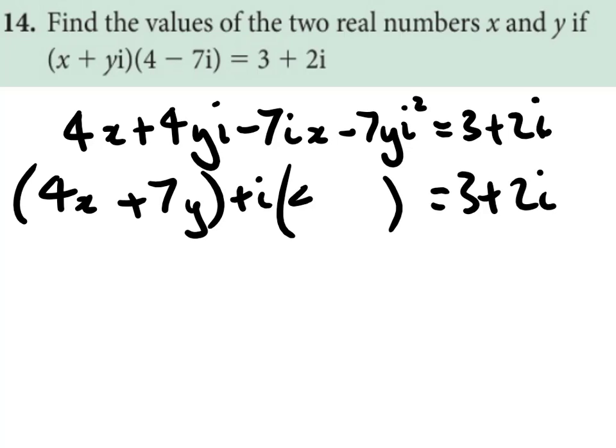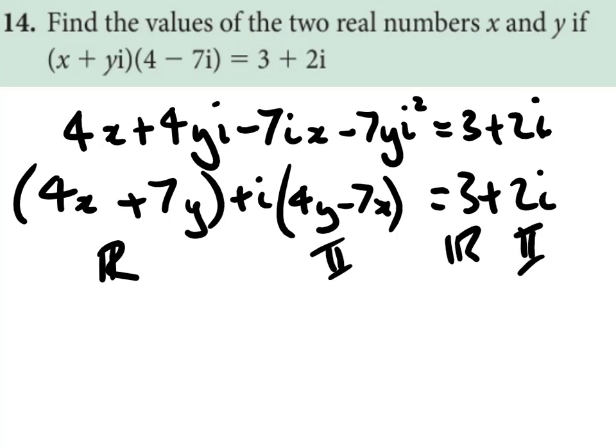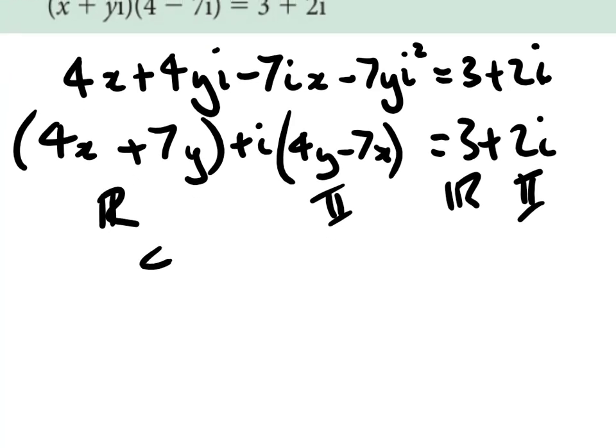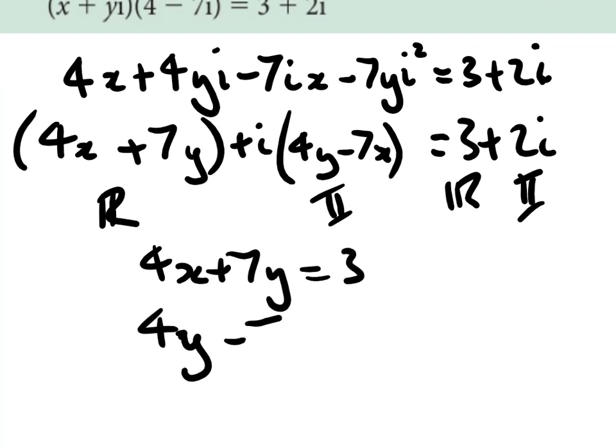I've got the 4yi and the minus 7x i. And this is so important. You've separated into real and imaginary. Real and imaginary. And therefore, the real bit of this must be the real bit of that. 4x plus 7y is equal to 3. And the imaginary bit, 4y minus 7x, is equal to 2. Simultaneous equations you solve in the normal way.